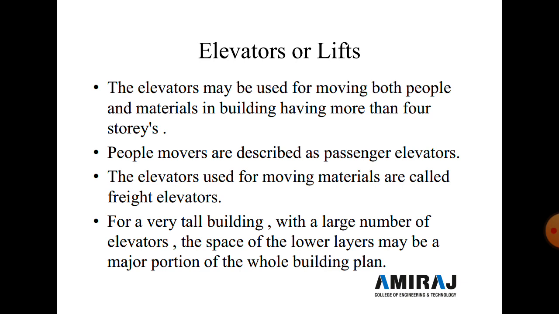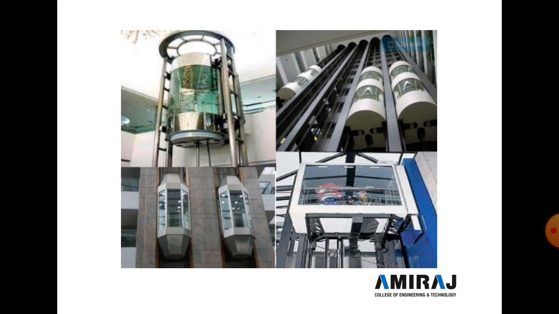For a very tall building with a large number of elevators, the space of the lower layer may be a major portion of the whole building plan. So see this figure, in which you see the lift or elevator provided in a high-rise building.